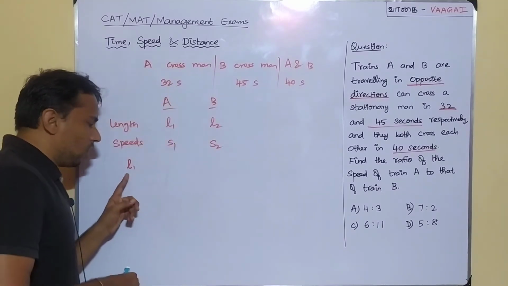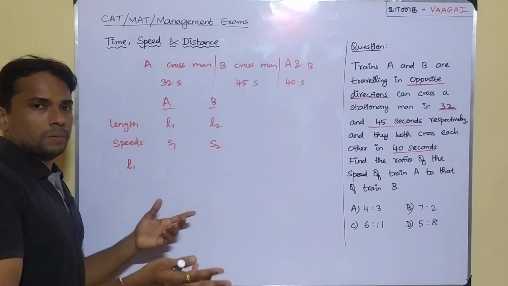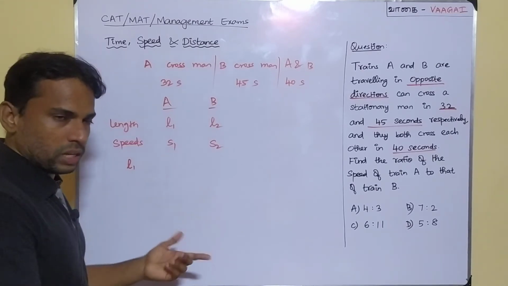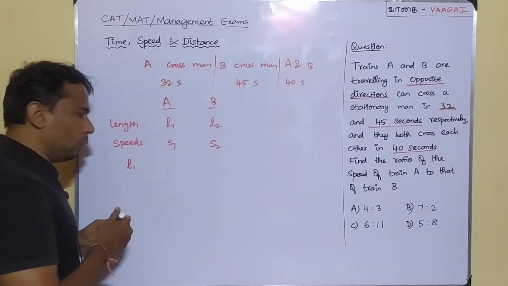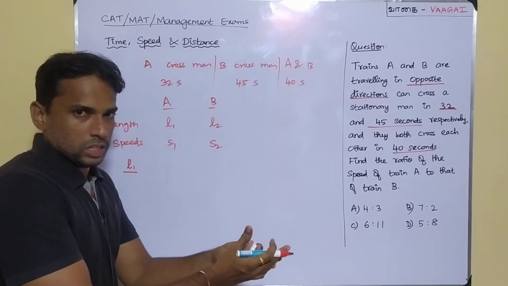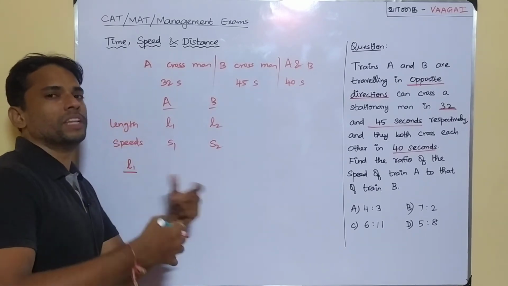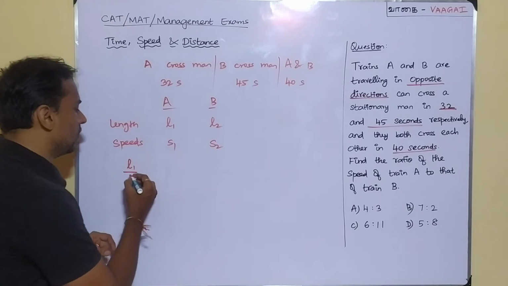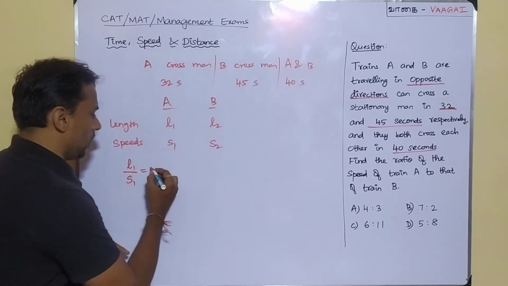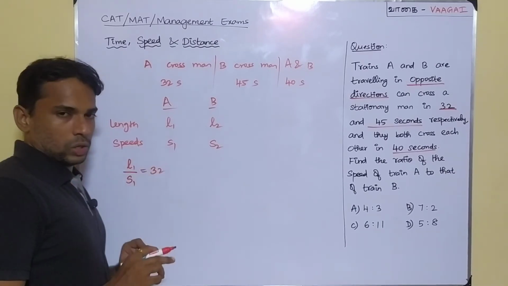So here we got the distance. What's the relation between distance and time? It's simple, right? Distance divided by speed we'll be getting the time. So what we can do here is L1 divided by, what about the speed here? Because train A is going to cross the man, so in that case, we have to take speed of train A only to be the speed. So here we'll have divided by S1. This is equal to 32. I'm just going to equate it like this. So we get L1 by S1 is equal to 32.